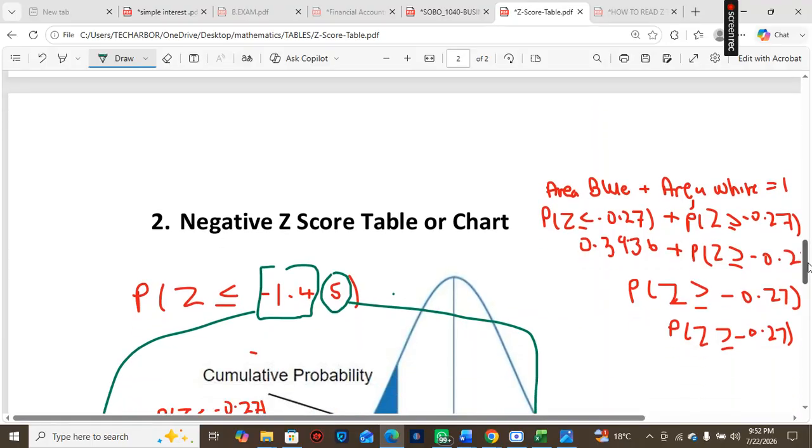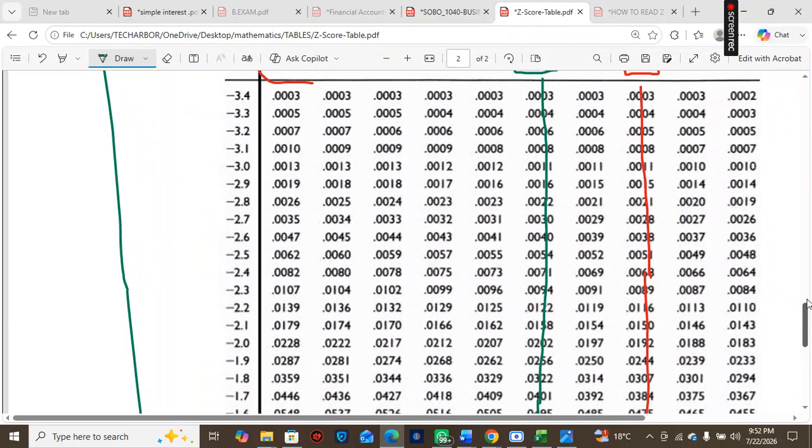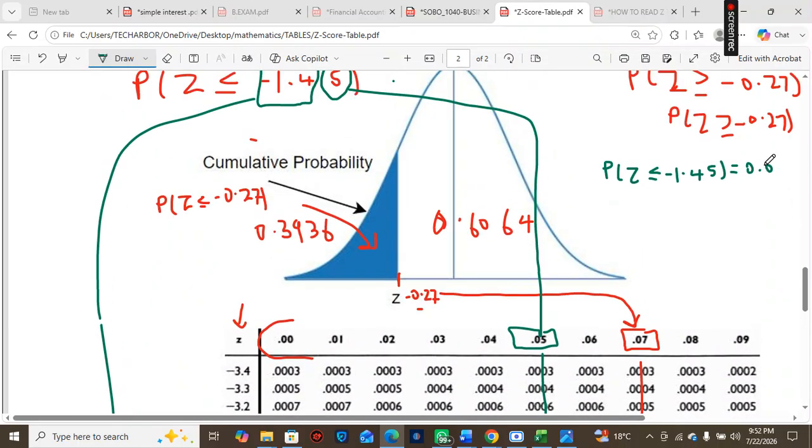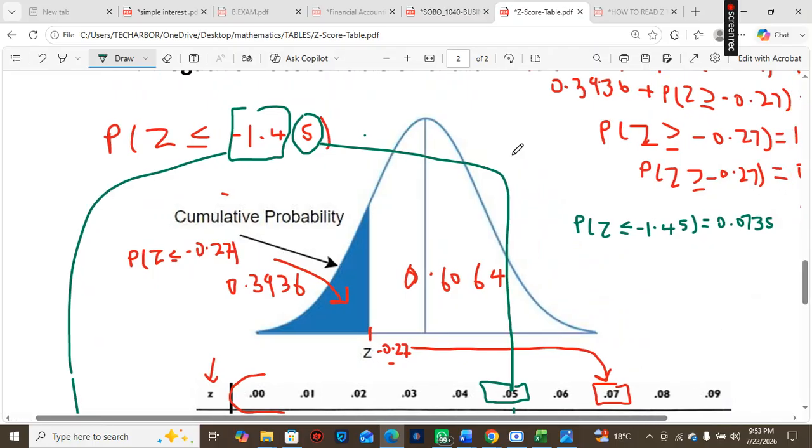So we've got our first one. The probability that Z is less than or equal to negative 1.45 is 0.0735.